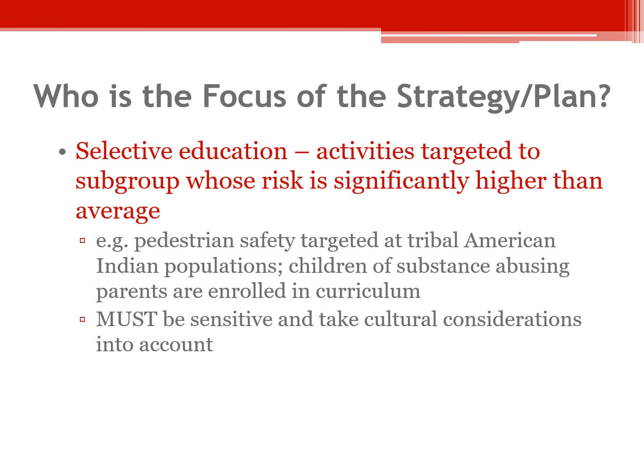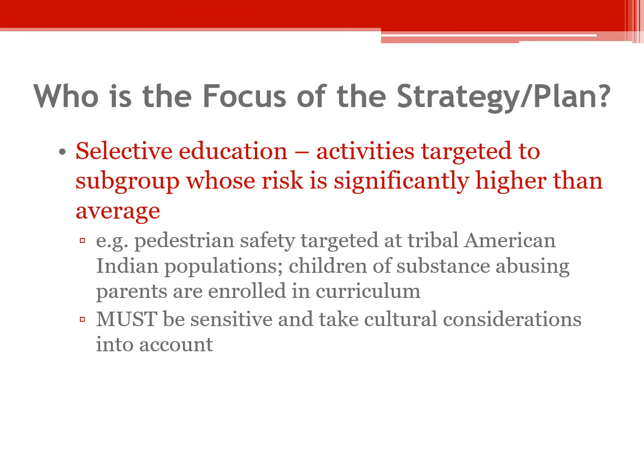The next layer of the USI model is selective education, and these are activities targeted to subgroups whose risk is significantly higher than average. Again, these are groups for which we know the risk of certain types of injury is much higher based on data that's collected, starting with local hospitals and health departments, and then that data goes up to the CDC and gets processed and put into WISQARS or other types of database systems.